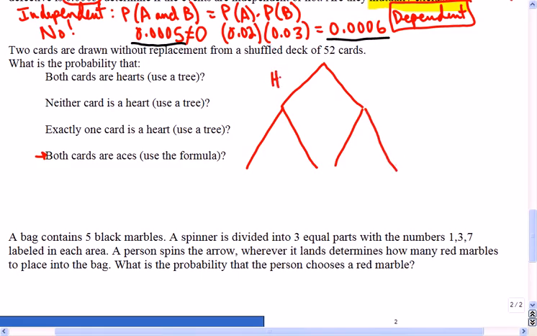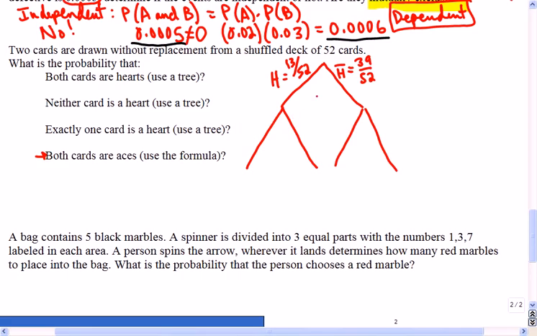So when I first draw out of the deck, there are 13 of 52 that are hearts, and the non-hearts, let's see here, will be 39 out of 52.